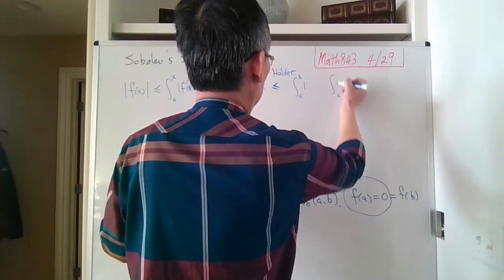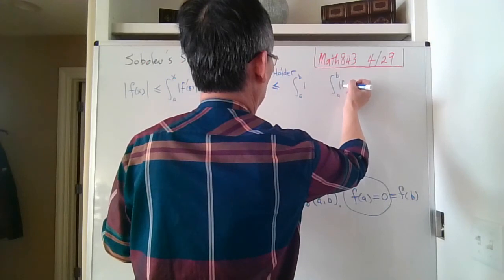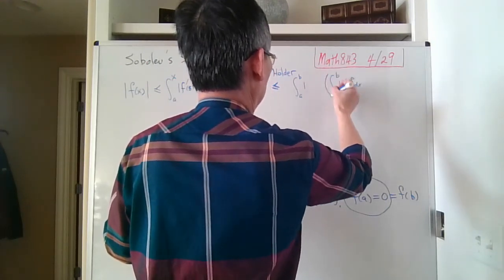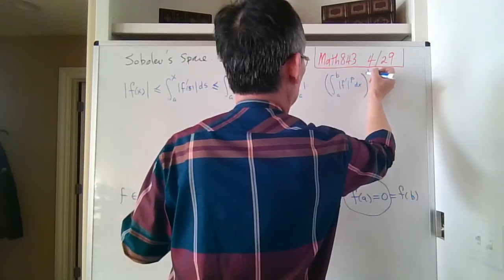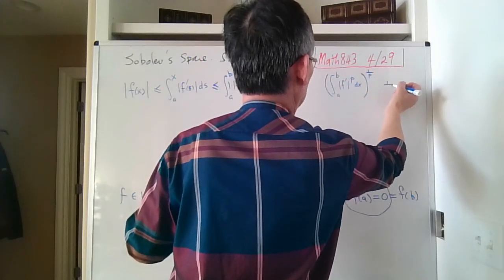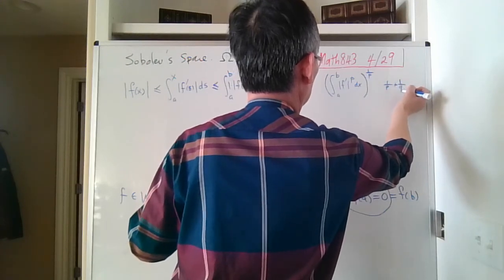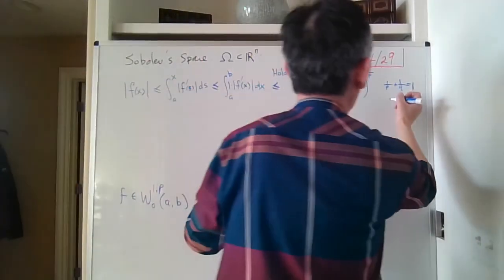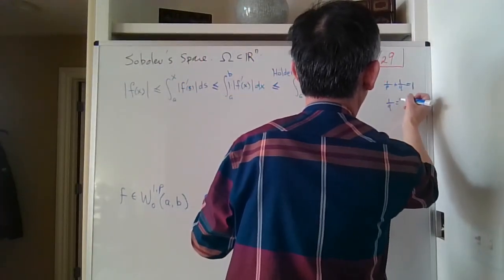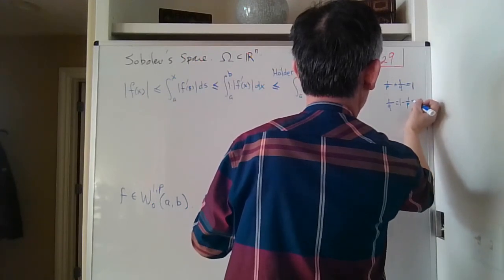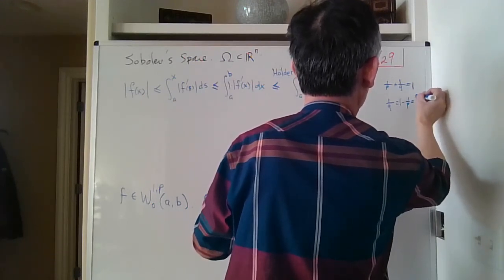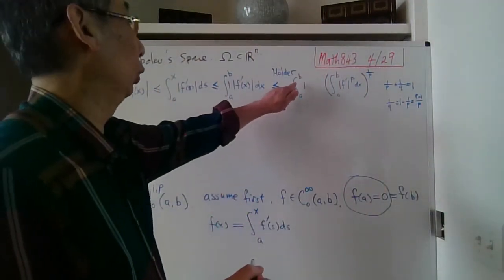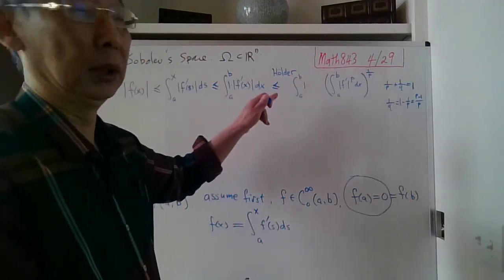It's the integral over (a,b) of |f'|^p dx, to the power 1/p. Since 1/p plus 1/q equals 1, you can determine the power on the first integration: 1/q equals 1 minus 1/p, which equals (p minus 1)/p. No matter which power you put on 1, you're still getting 1, so it doesn't matter.